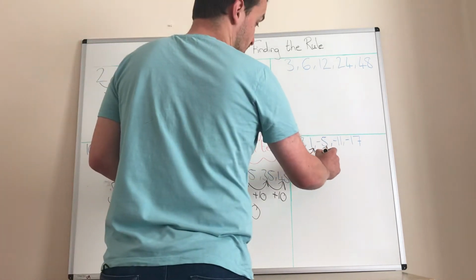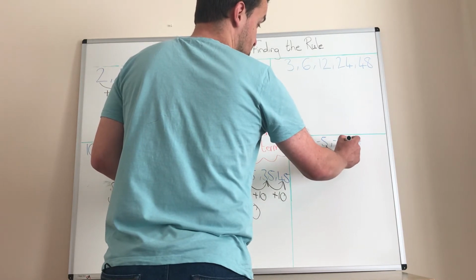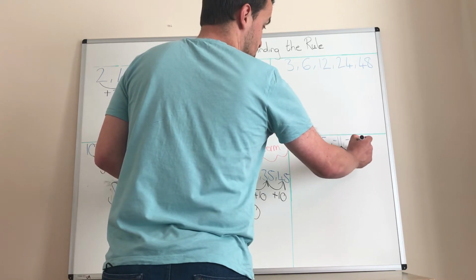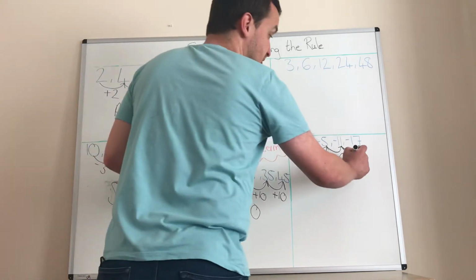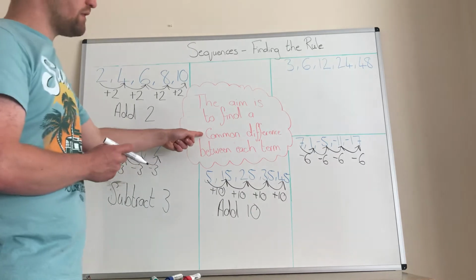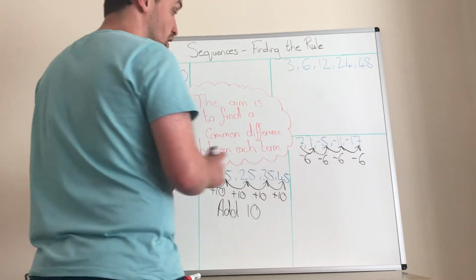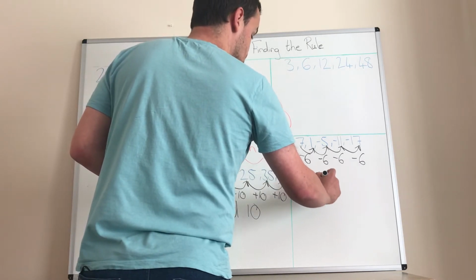We're taking away 6. To get from minus 5 to minus 11, we take away 6. To get from minus 11 to minus 17, we take away 6. We have a common difference, because the difference is exactly the same for all of them.